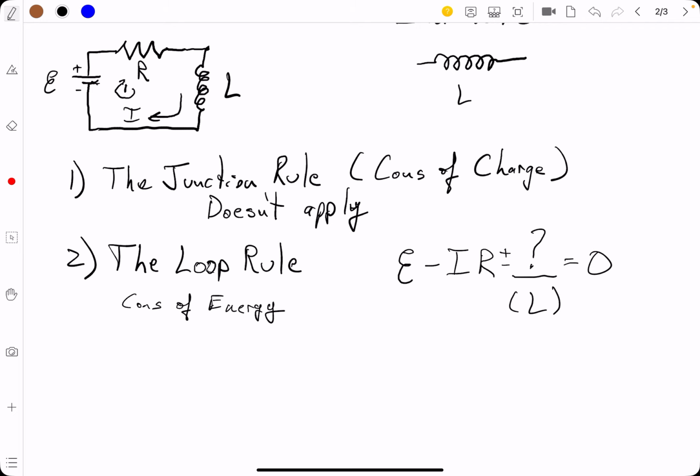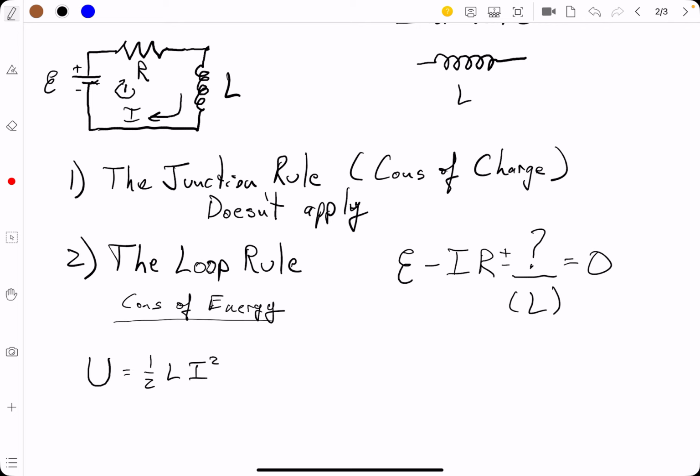Okay, so let's see if we can figure out, based on a use of conservation of energy, what we're going to deal with here. So we showed that our total energy stored in the inductor is 1/2 L i squared.